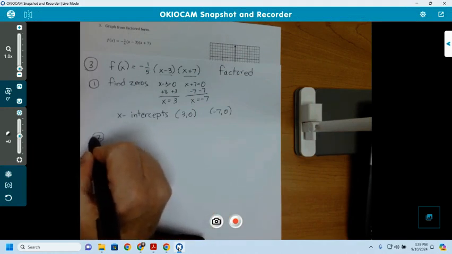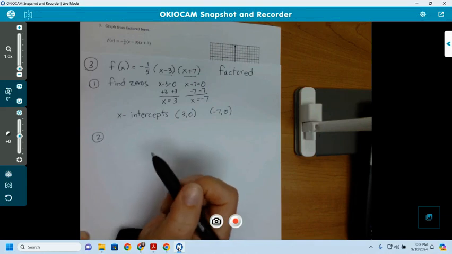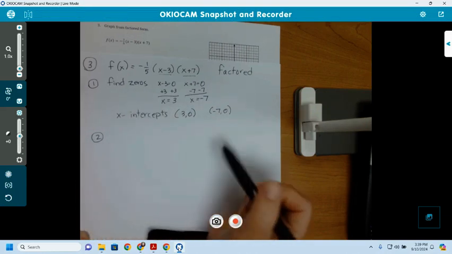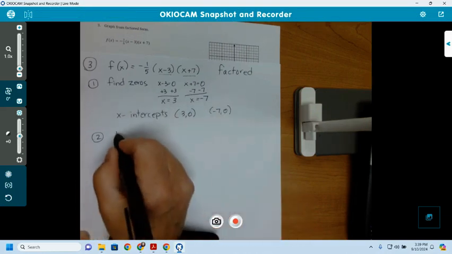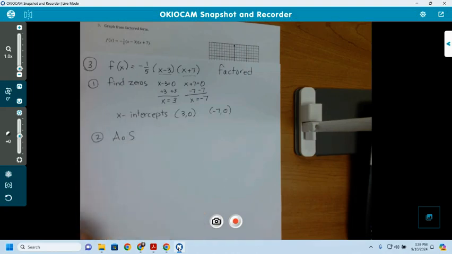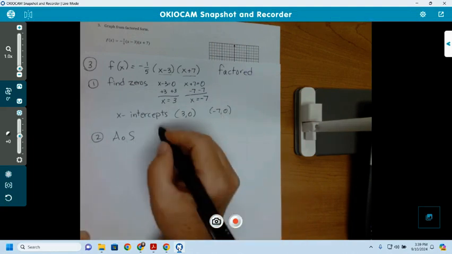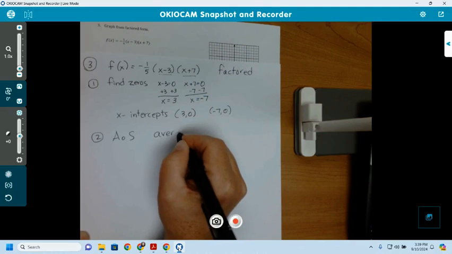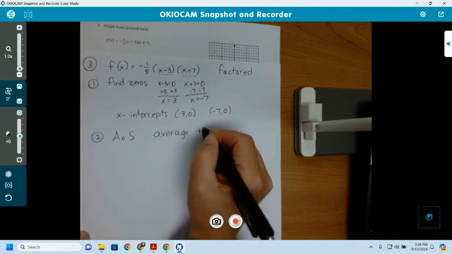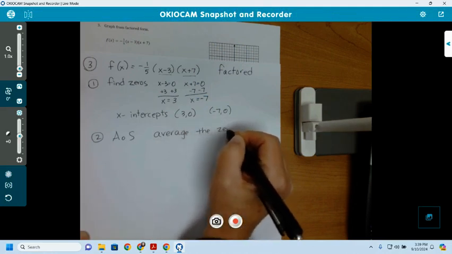The next thing that we can do when we have the factored form is we find the axis of symmetry. The way we find axis of symmetry for the factored form is we average the zeros.